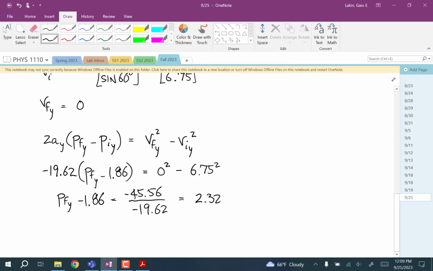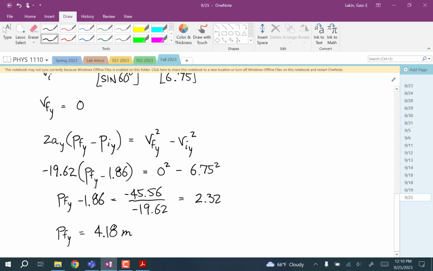And then PFY is this plus 1.86. So that's 4.18 meters. Okay, so there's the y component.